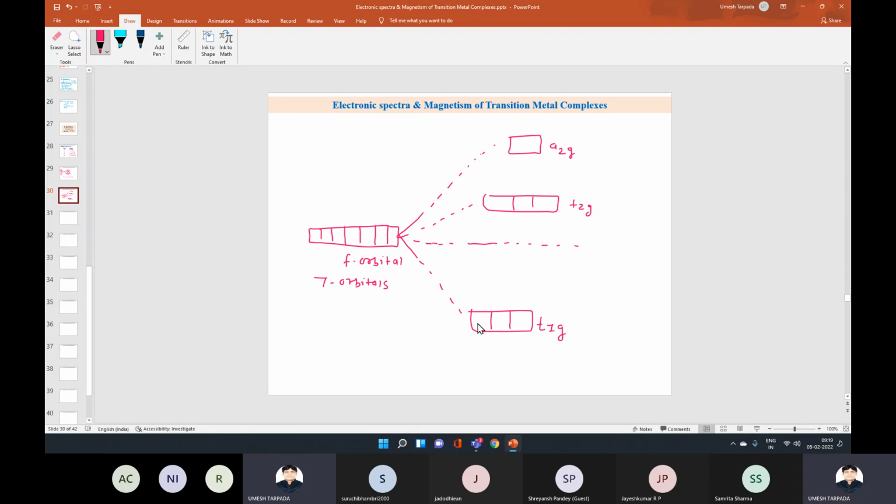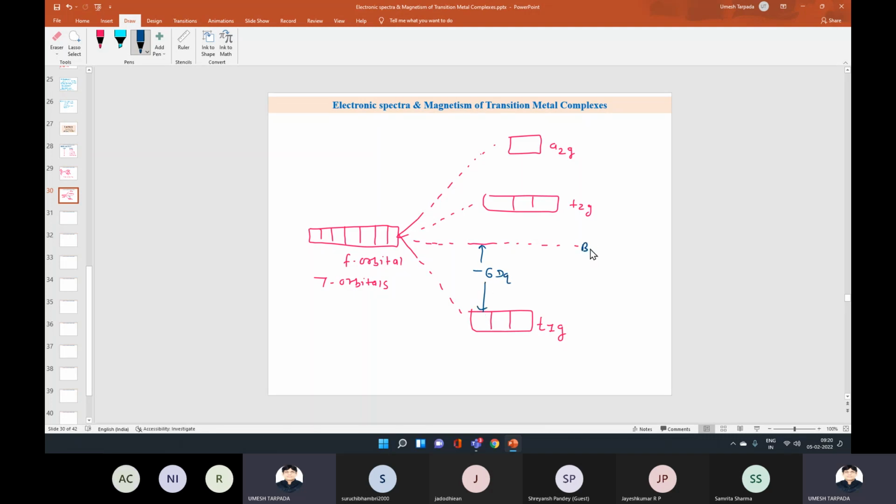Now you tell me how the energy of this T1G decreases and the other orbitals increase, and by what dq. Here, suppose its energy decreases by 6 dq, minus 6 dq. So what is the total energy?